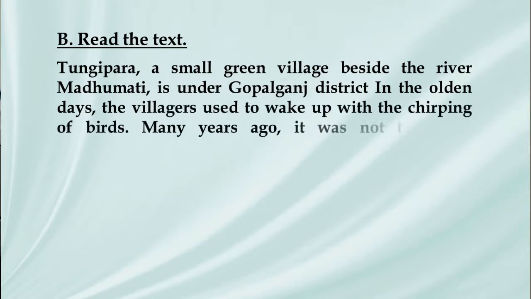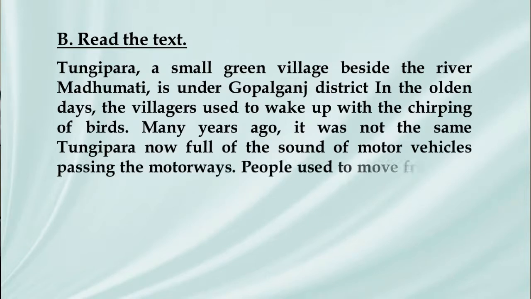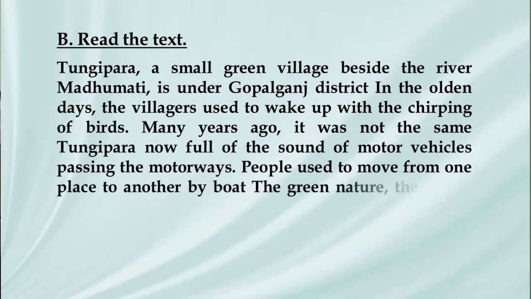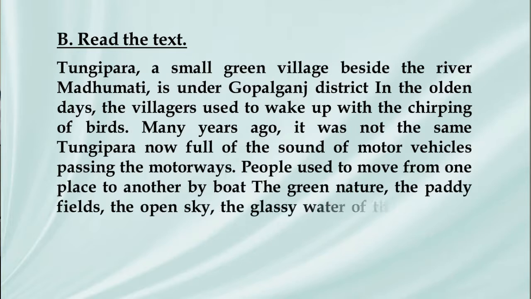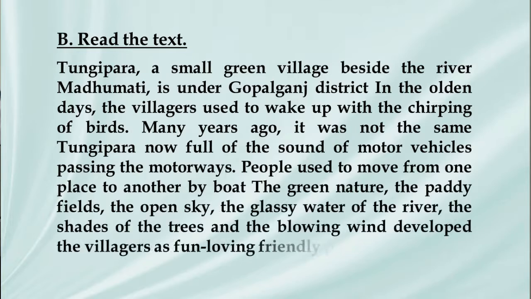Tungipara, a small green village beside the river Madhumati, is under Gopalganj district. In the olden days, the villagers used to wake up with the chirping of birds. Many years ago, it was not the same Tungipara, now full of the sound of motor vehicles passing on the motorways.